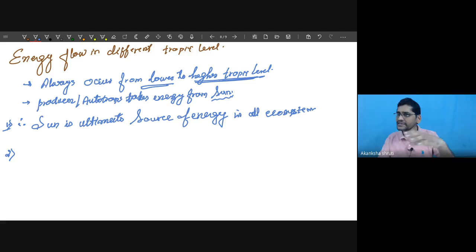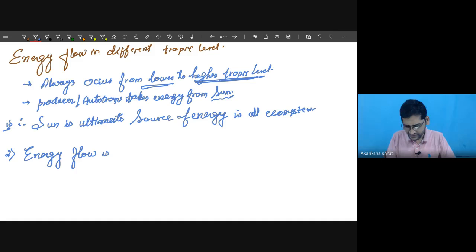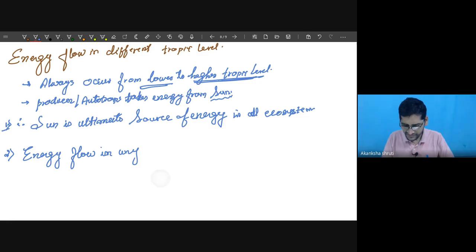That's why this energy flow is always unidirectional. So write that. Energy flow in any ecosystem is always unidirectional.